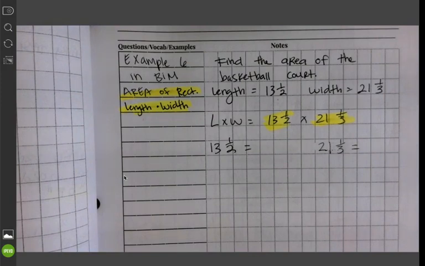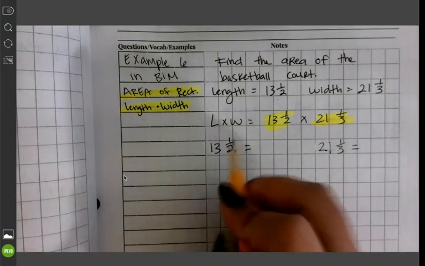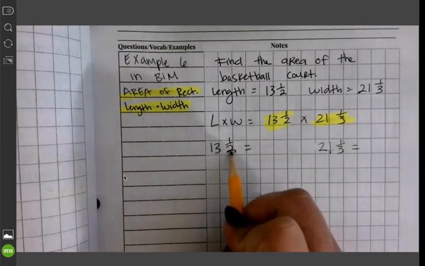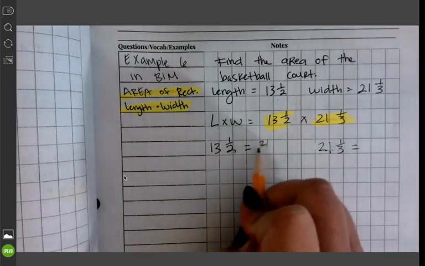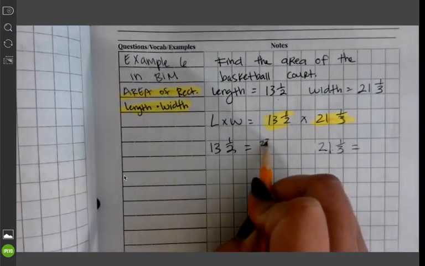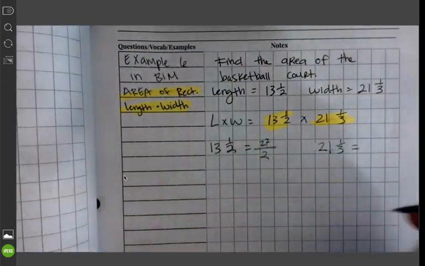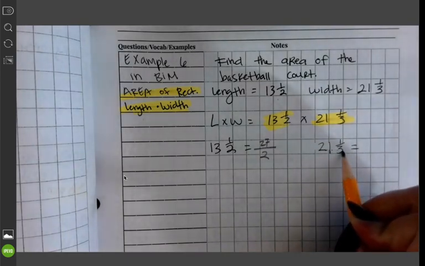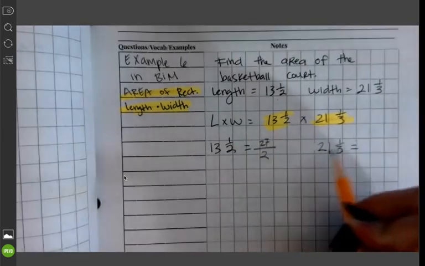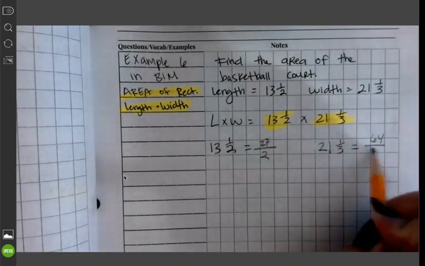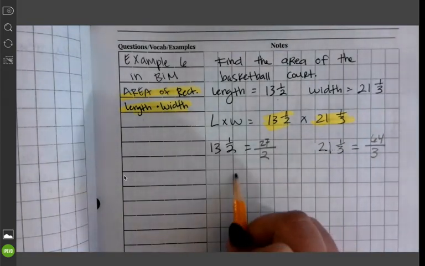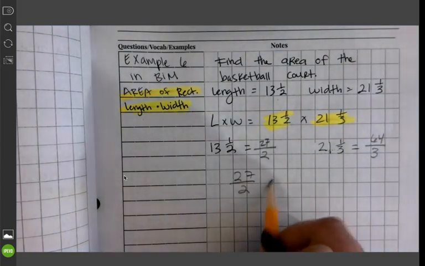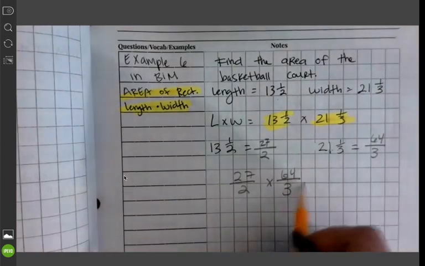So we have to turn them into improper fractions. So 13 times 2 is 26. 26 plus 1 is 27. 21 times 3 is 63. 63 plus 1 is 64. So now I have 27 over 2 times 64 over 3.